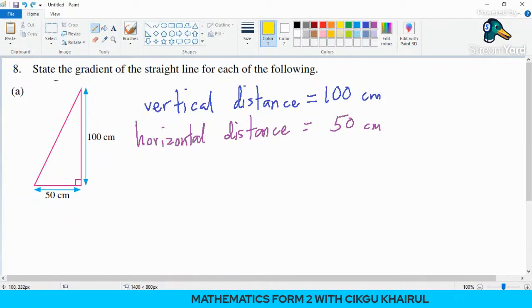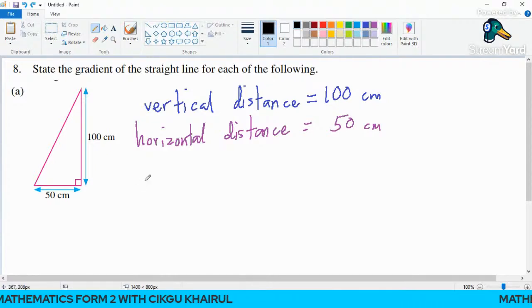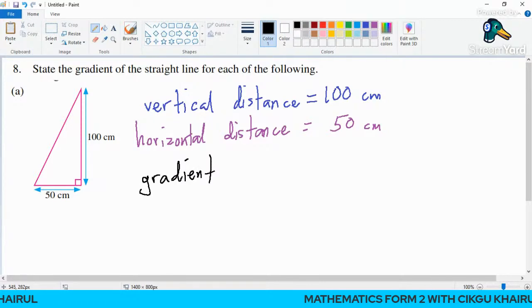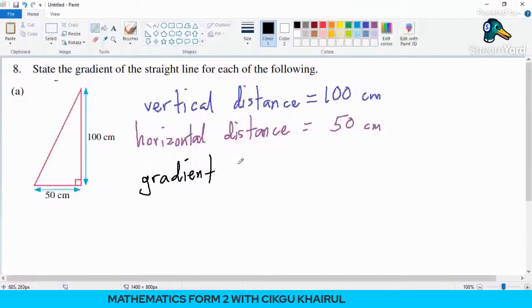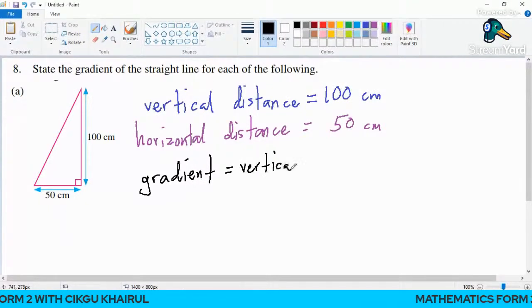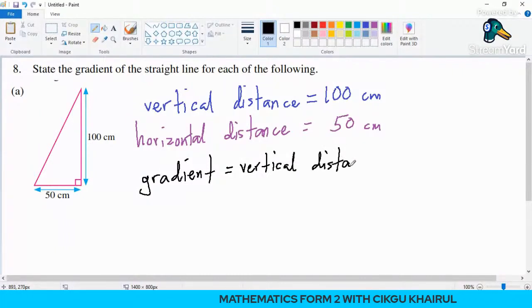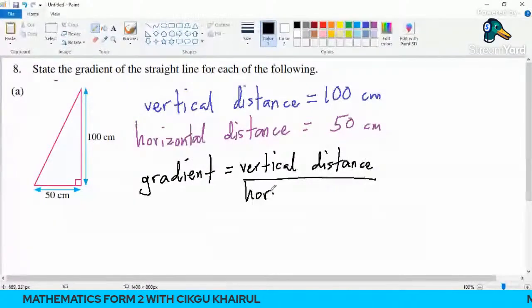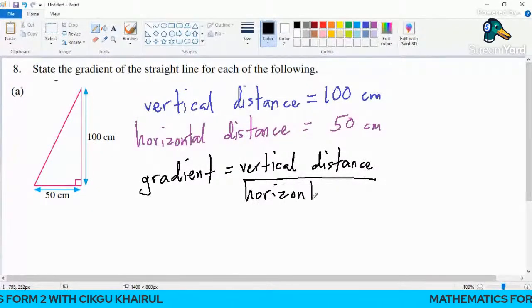Now we want to find the gradient. We can use this formula: vertical distance divide with horizontal distance.